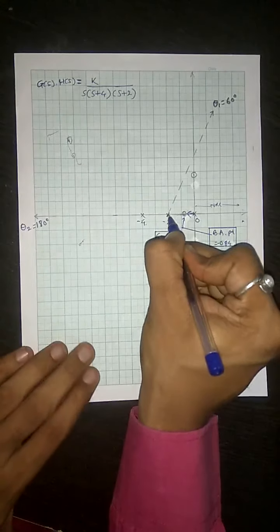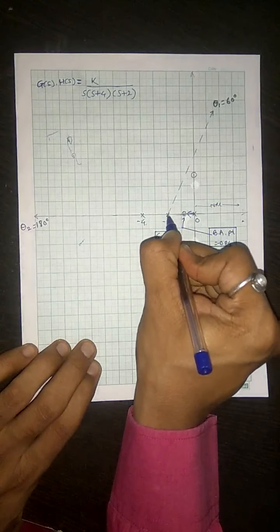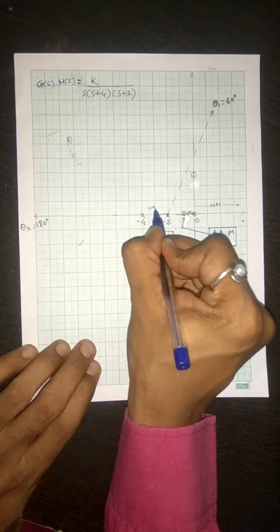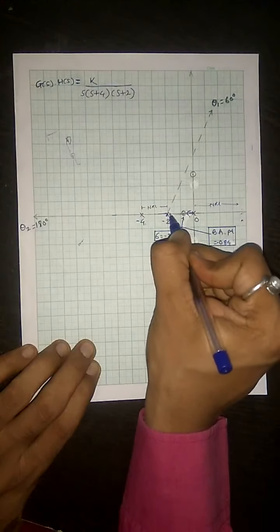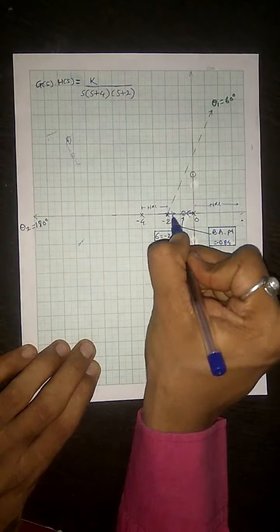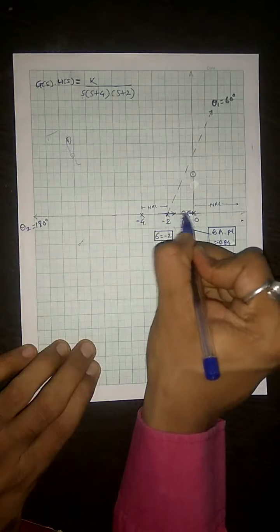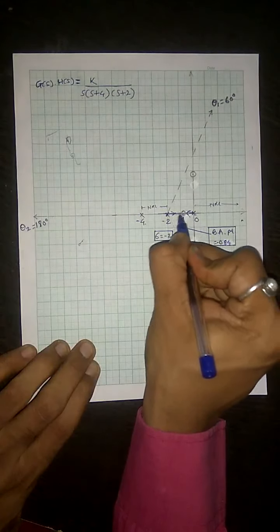There is one more pole here at minus 2. Root locus cannot start in this direction, because again this is a non-root locus. We have already discussed this step. So ultimately again it will start in this direction. Okay, one pole, second pole, one root locus, second root locus. It will travel in this direction, it will travel in this direction.